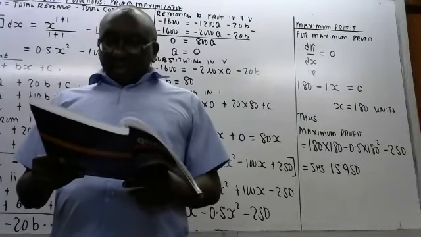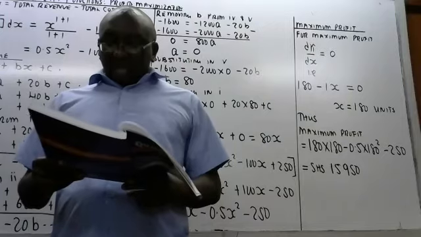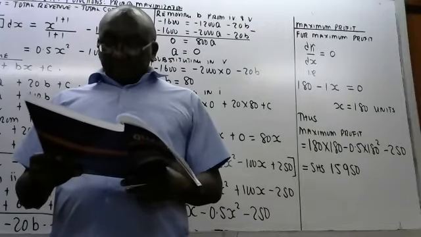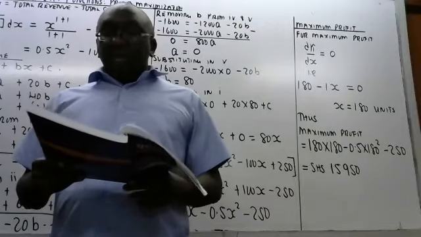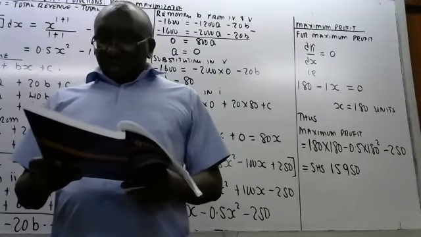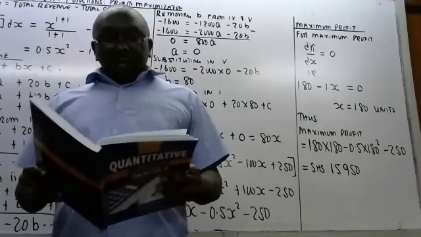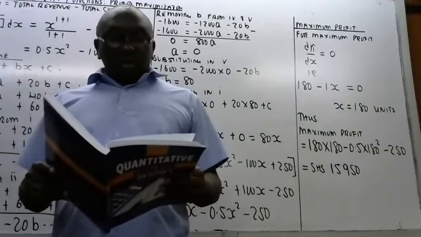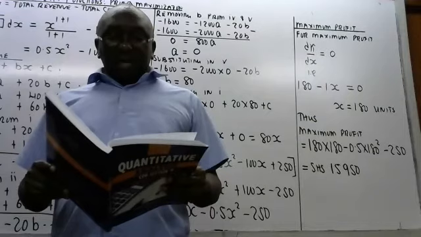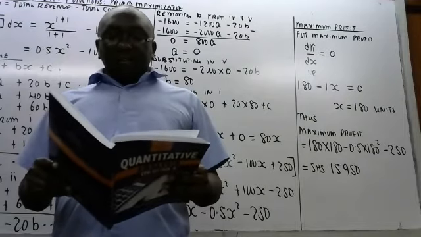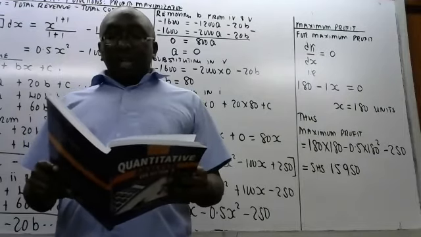A survey conducted on the market shares of the three companies as at 1st of December 2017 revealed the following. So straight on, we are told to get the market shares of the three companies as at 1st of December 2018.